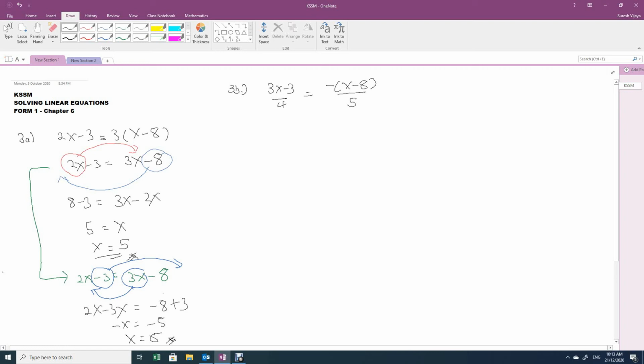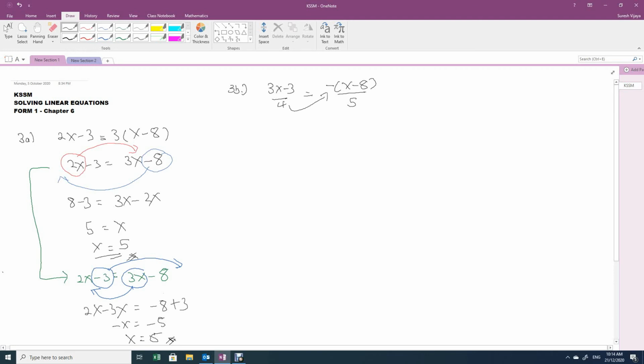So how do we solve this? As I explained earlier, let's say you have a fraction, a division in the denominator, so we have to eliminate the fraction.